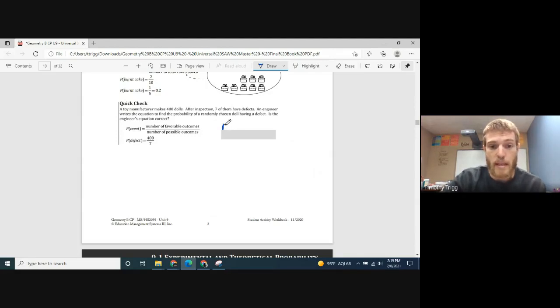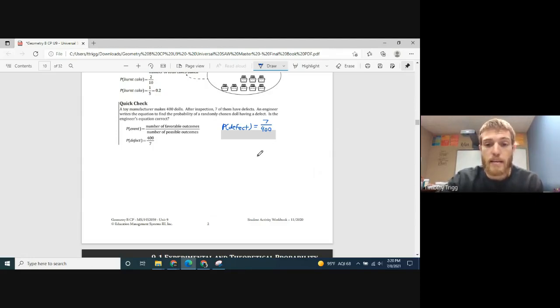So the probability of finding a defect should be, there's 7 things we're looking for, 7 defects, out of 400 total dolls. So the probability that the next one I look at will be defective is 7 out of 400.